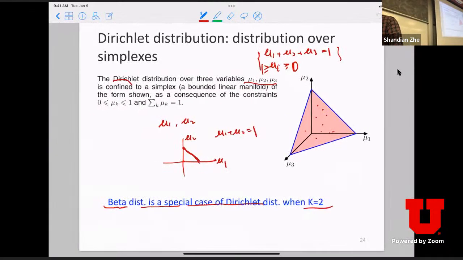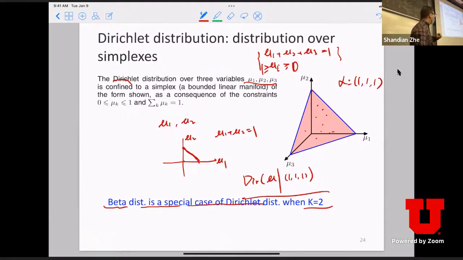You can imagine that, okay, suppose I can choose alpha as 1, 1, 1, right? For the 3 categories. I can define such a Dirichlet distribution. Imagine if you use this Dirichlet distribution to generate samples, what are the possible samples?